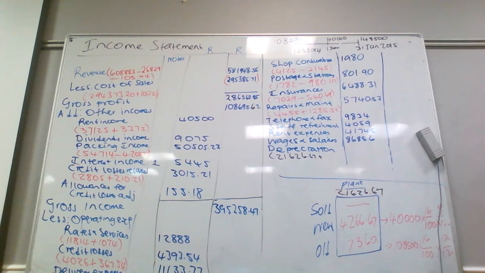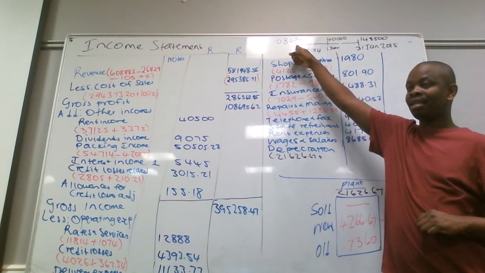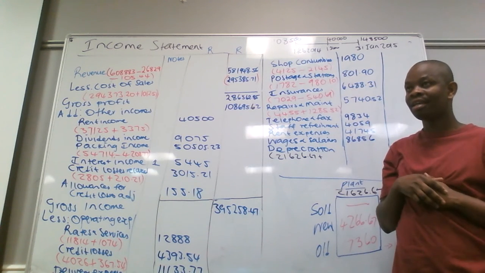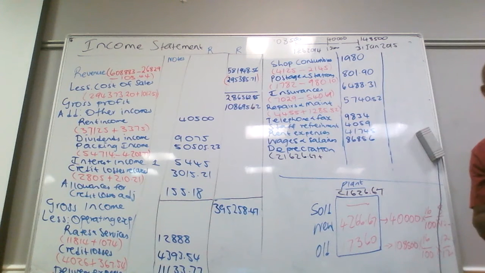Know how to find it? Please talk to me. Okay. Because the amount was 108,500, the first one. Yes. Okay. Thank you. Are you okay now? Cool. Can we continue?